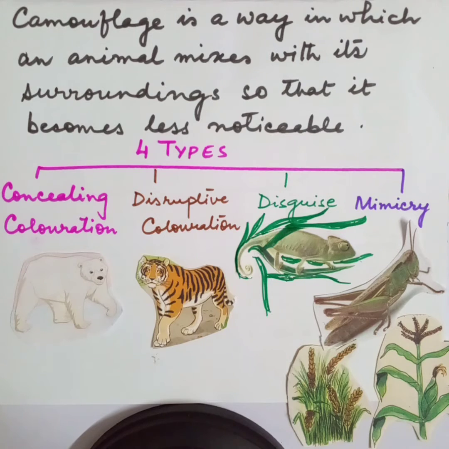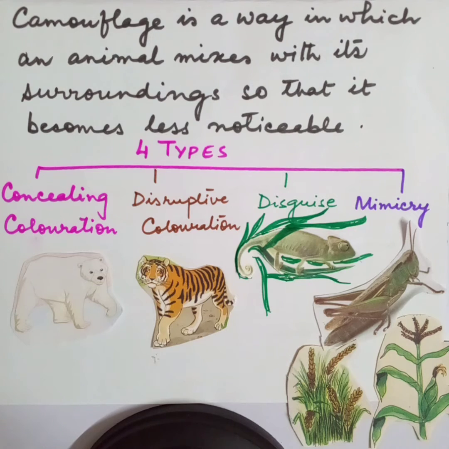Camouflage can be of four types. First one is concealing coloration. Concealing coloration in animals is the use of biological coloration to mask location, identity, and movement, providing concealment from prey and protection from predators.